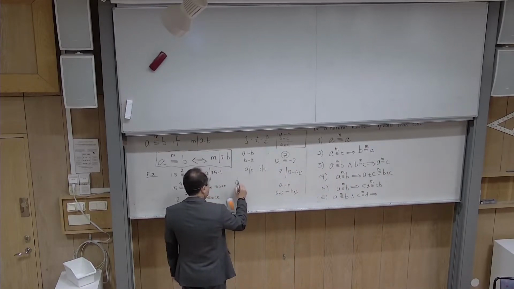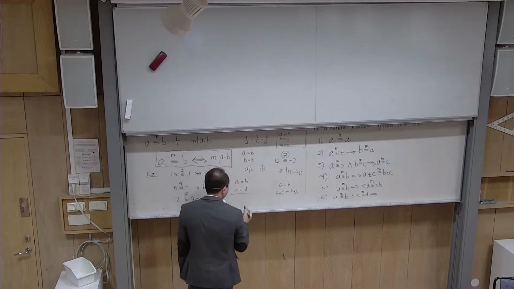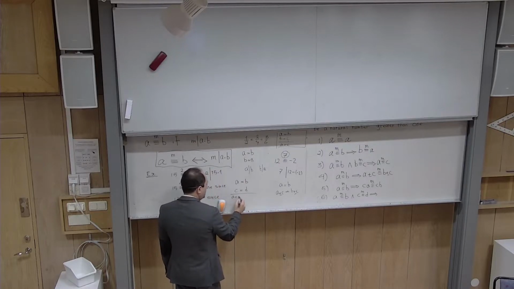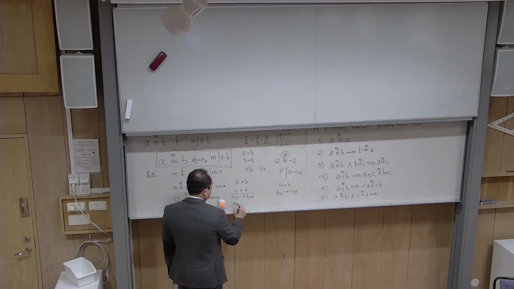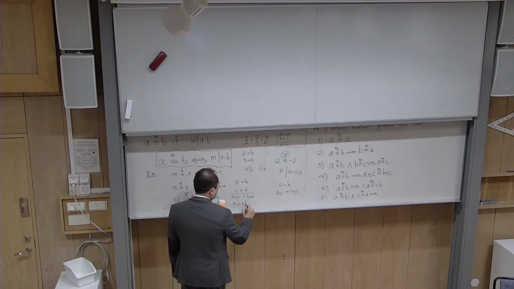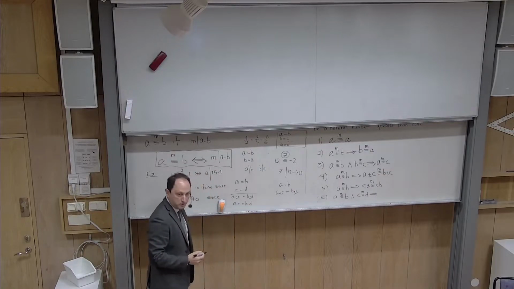If I have A equals B and I tell you that C is also equal to D, you can conclude that A plus C is also equal to B plus D. If you want, you can conclude that A minus C is equal to B minus D. Or even, you can multiply side by side and conclude it.